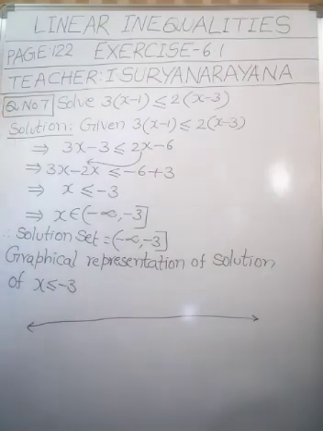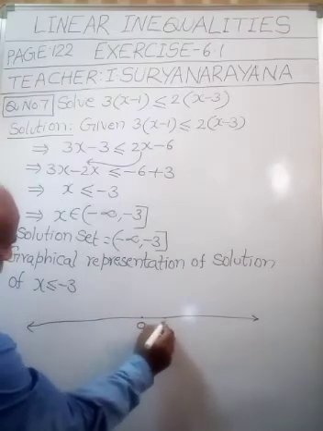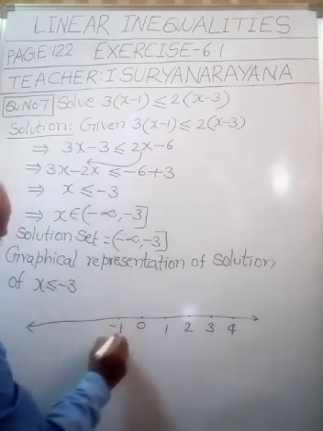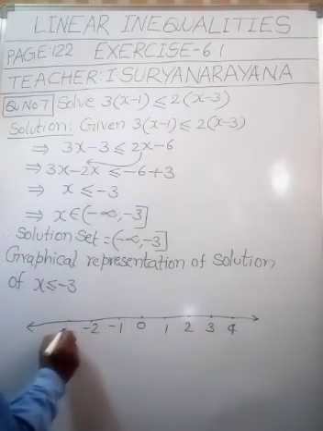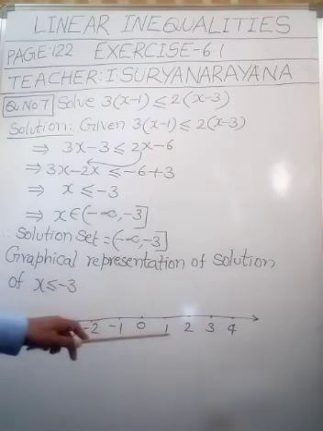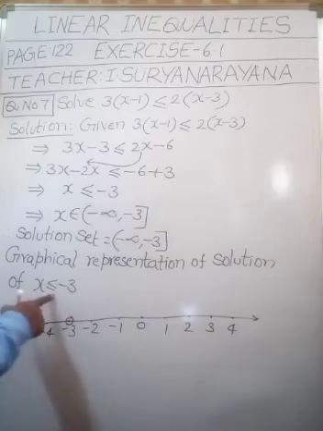On this number line, let us mark and label the numbers here: 0, 1, 2, 3, 4, here minus 1, minus 2, minus 3, minus 4. Like this we have to label the numbers on the number line. Then what are the numbers here? All the numbers less than or equal to minus 3. So first identify the number on the number line. Minus 3 is here.